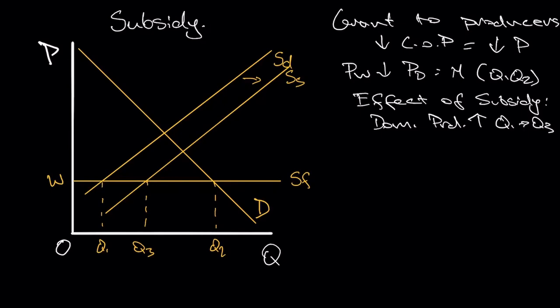Now, that's also going to have an impact on imports. Imports will decrease. So imports have actually gone from the area Q1, Q2, and imports have decreased from Q3 to Q2. The other thing to note at this point is that there's been no change to the amount that consumers pay for imported goods, and there's been no change to the quantity that consumers receive.